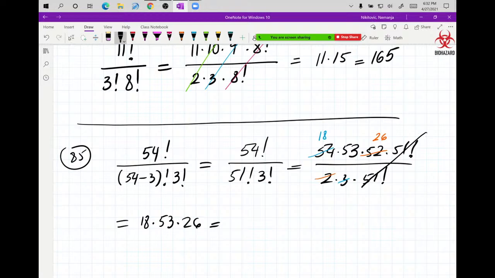I'm actually going to use the calculator to cheat on this one and multiply everything. 24,804. If you are trying to compute those factorials, good luck, because the numbers are astronomical. Well, they're not astronomical, but still large numbers.